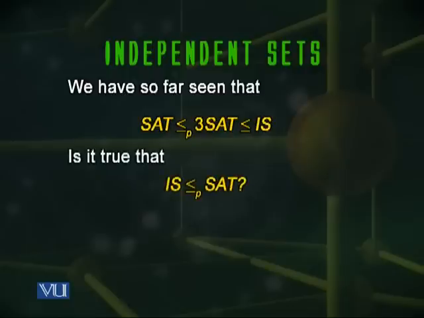Is it true that the independent set problem is polynomial time reducible to satisfiability? Now I'm asking you the opposite question of what we have actually proved. We know that SAT is reducible to 3SAT, which is reducible to the independent set problem. Therefore, by transitivity of polynomial time reducibility, SAT is also reducible to the independent set problem.